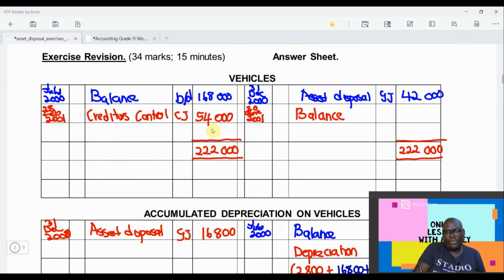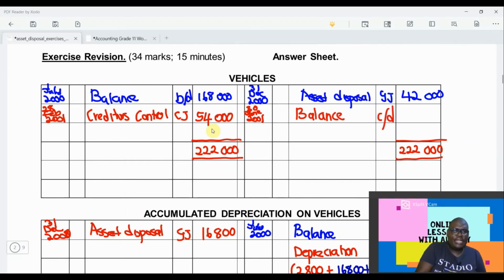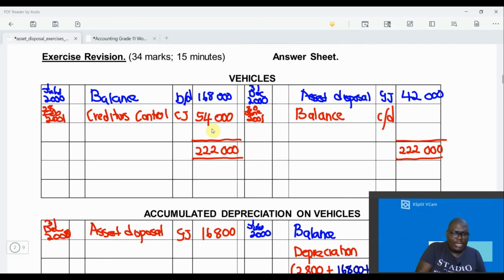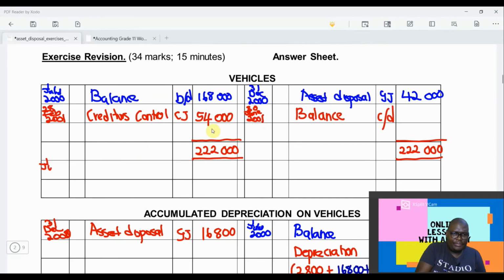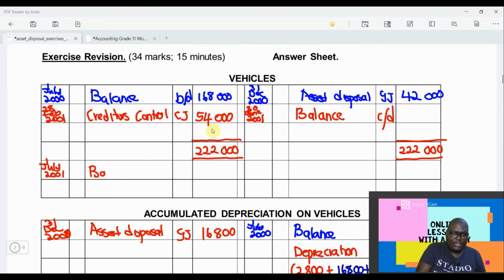The dates are very important. So balance carried down as the difference, and then your balance on 30 June here will become your opening balance here on 1 July 2001, balance brought down. That's all they want you to do.